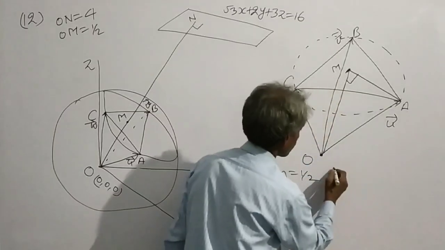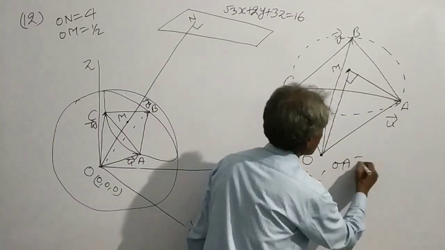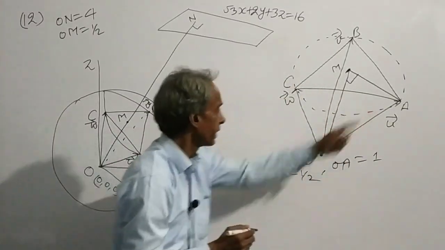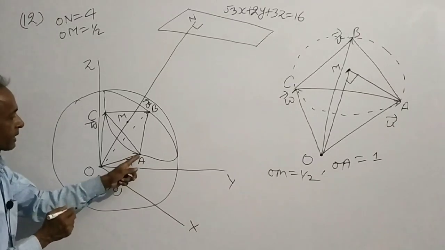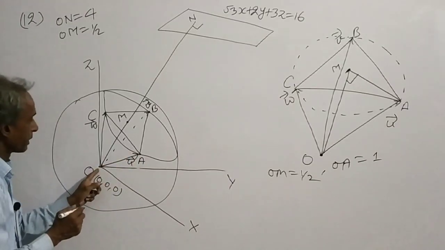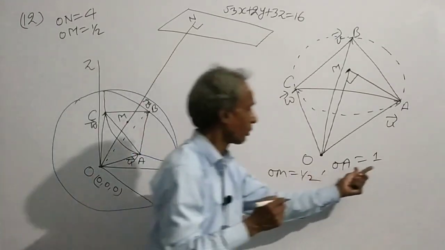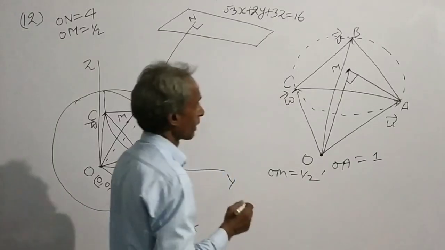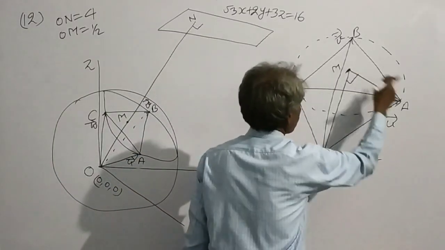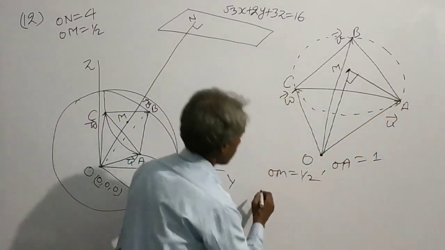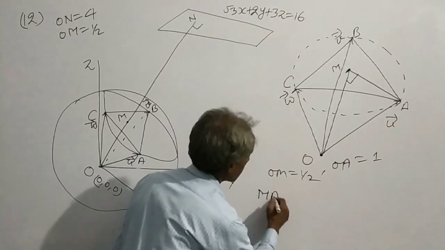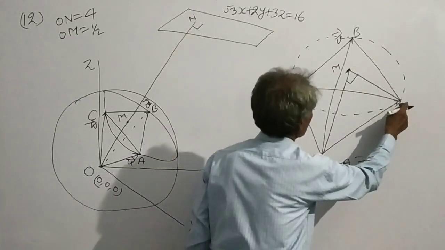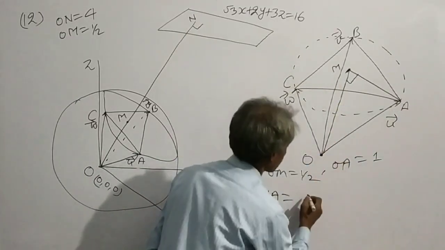OA is equal to 1 unit because A is on the surface of the sphere. Therefore, OA is equal to 1 unit. MA will be equal to the square root of OA square minus OM square.